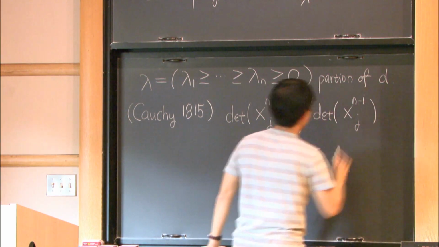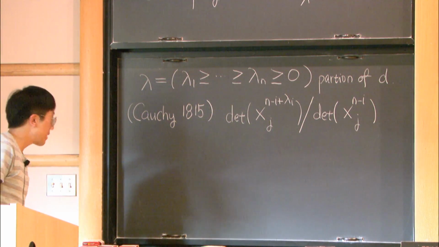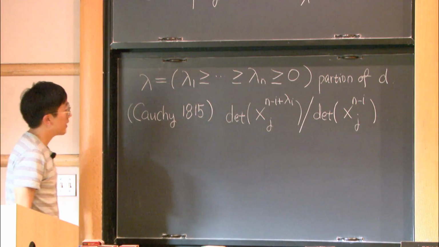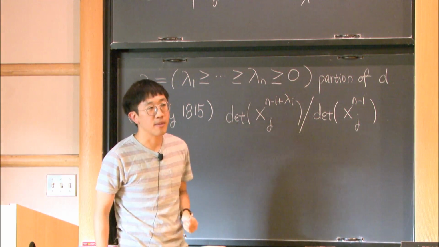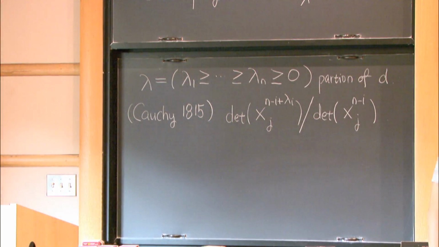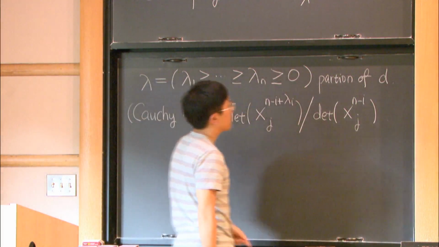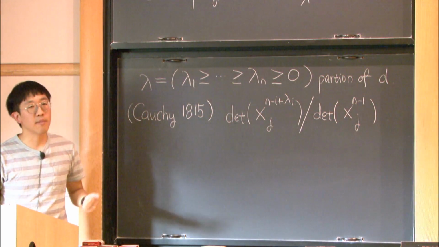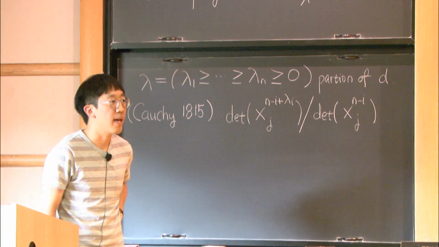So a Vandermonde kind of thing. He noticed that this expression is actually a polynomial. And furthermore, it is a symmetric polynomial in the variables x_i. And not only that, when lambda varies over all possible partitions of a given number d, these symmetric polynomials form a linear basis of the vector space of degree d symmetric polynomials in the x_i's.